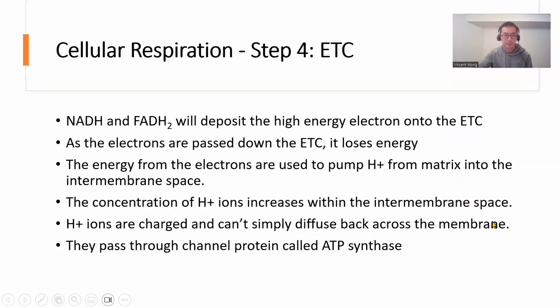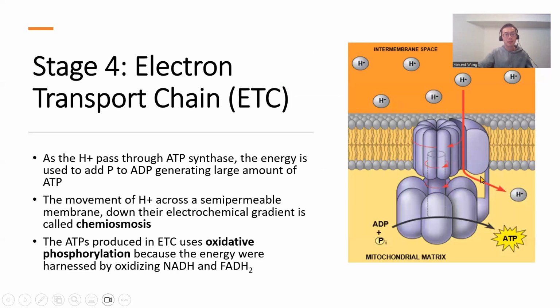All right. This is basically the description of what I just told you. You can read it on your own. As H plus pass through ATP synthase, the energy is used to add P to ADP, generating a large amount of ATP.